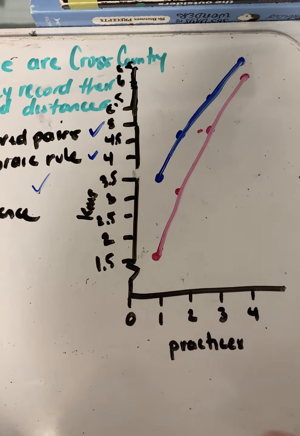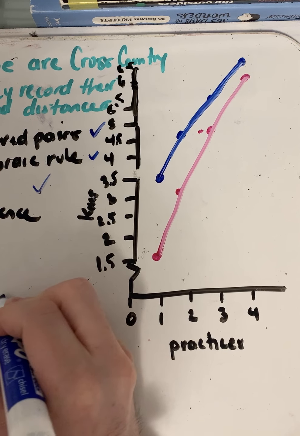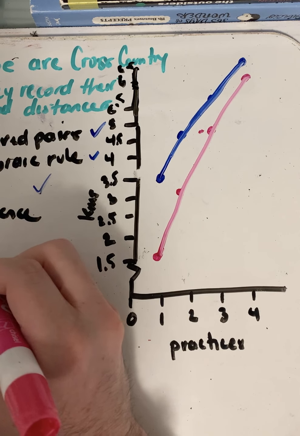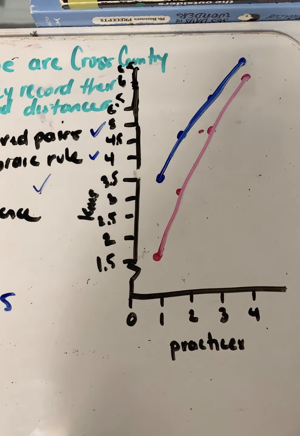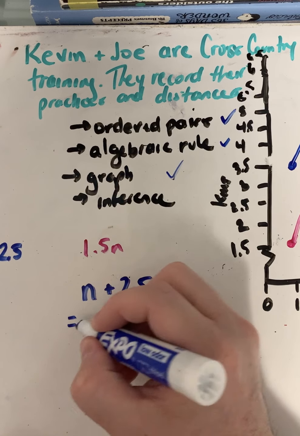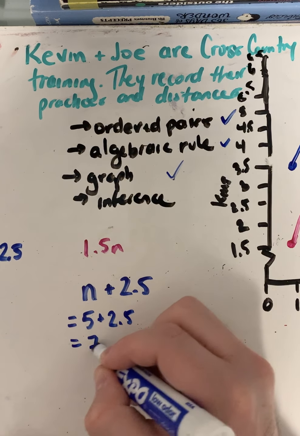So if we continue this trend at the 5th practice, let's plug these in. So at the 5th practice, Joe's is n plus 2.5 and Kevin's is 1.5n. Oh, you guys can't see that, sorry. So at the next practice, if we did that, Joe would have 5 plus 2.5, which is 7.5.